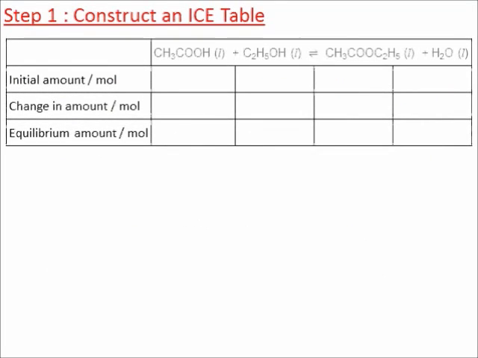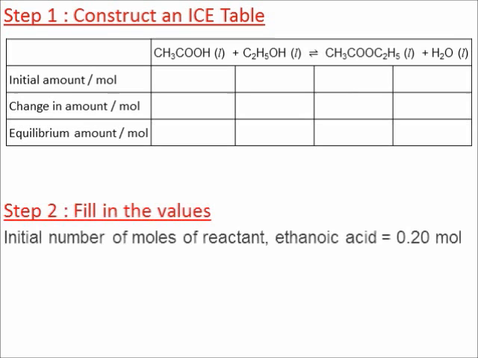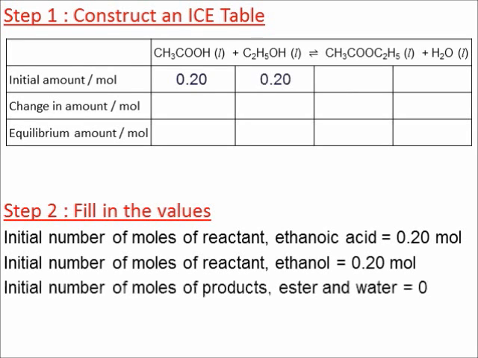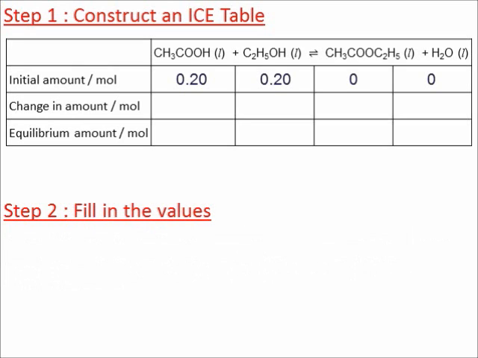Construct the ICE table and fill in the initial amount of reactants and products. This is where it starts to get interesting. In our previous example and exercise, we had the amount of one of the products at equilibrium, which led us to progressively fill in the empty positions of the ICE table.